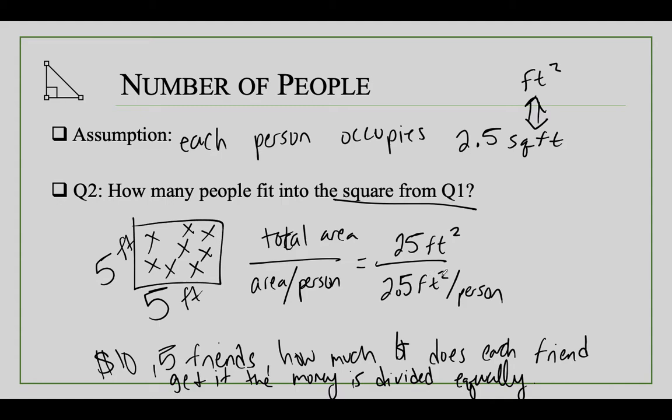It's nice that we see the units because then we see it cancels. And we can actually do this in our head, right? 25 divided by 2.5, move the decimal over, I'm left with 10 people. Nice. So we figured out that that square has an area of 25 feet squared. We figured out that we can fit 10 people in it if we're using our rule of thumb. Let's go on to the next slide. Pause here if you need more time.